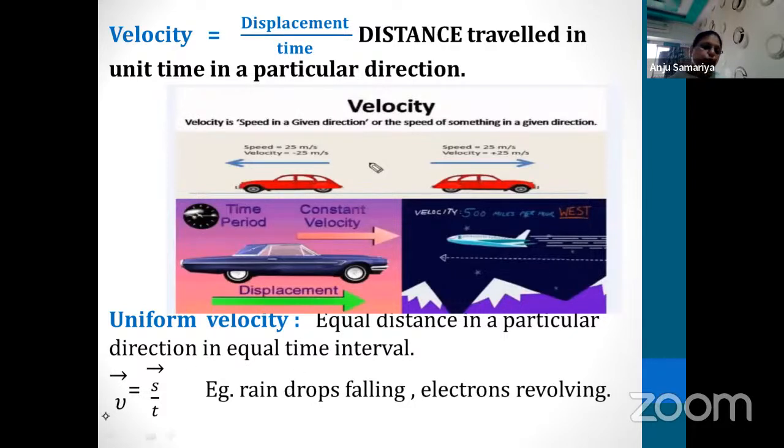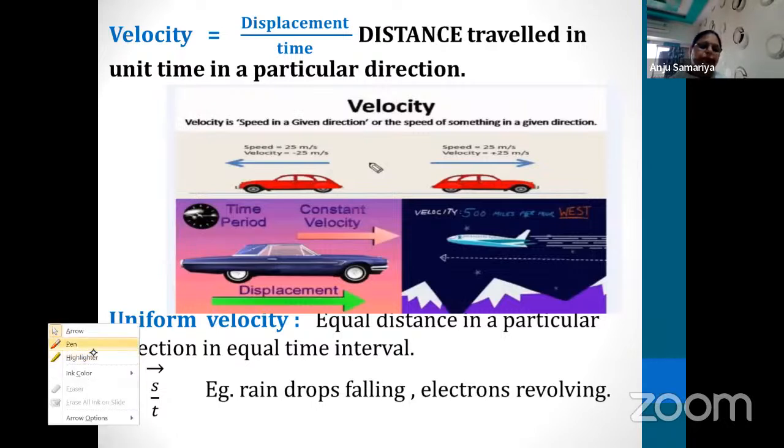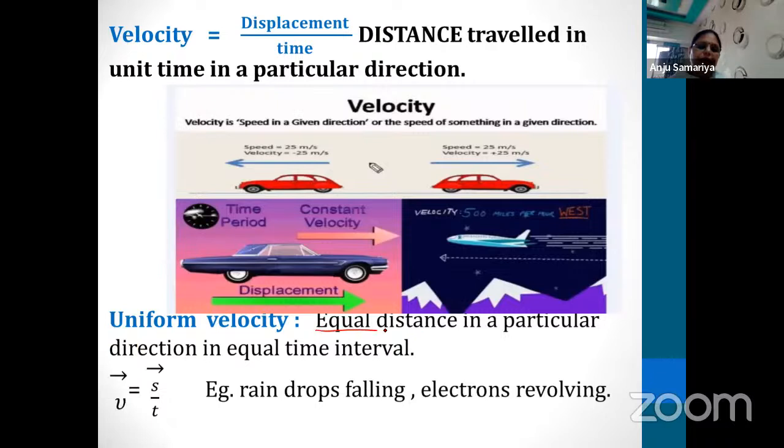Now here we have 3 things to notice: equal distance, fixed direction, equal interval. So if any one changes, it will become non-uniform.